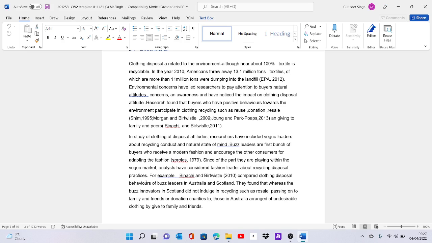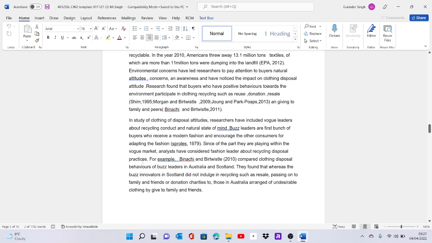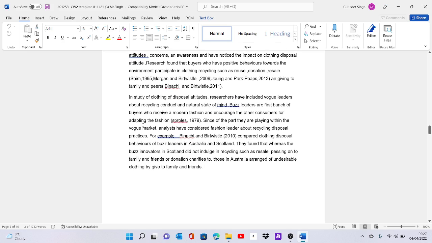For example, Minachi and Bristol compared clothing disposal behavior of fashion leaders in Australia and Scotland. They found that whereas the fashion innovators in Scotland did not indulge in recycling, such as resale, passing on to family and friends, or donation to charity, those in Australia arranged the undesirable clothing by giving to family and friends.